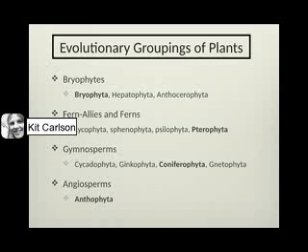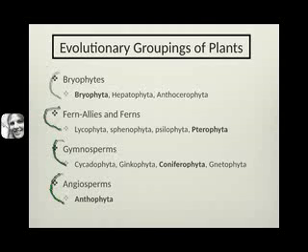When we consider the evolutionary history of plants, we traditionally break them up into a few different groups, including the bryophytes, the fern allies and ferns, the gymnosperms, and angiosperms. And we attach specific new adaptations to each group. For example, in the bryophytes, we would find the cuticle and the stomata.